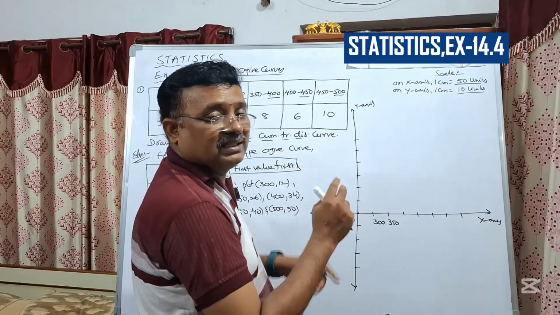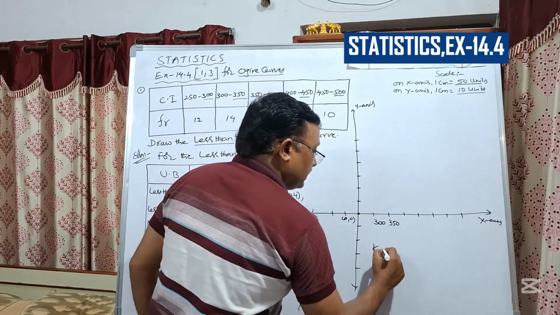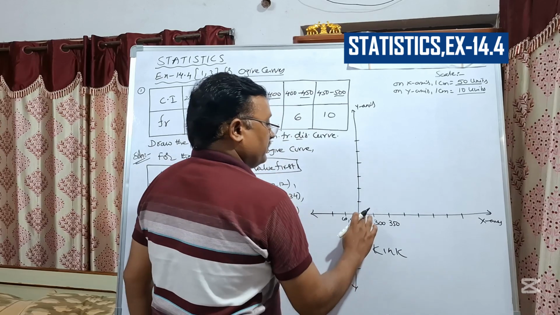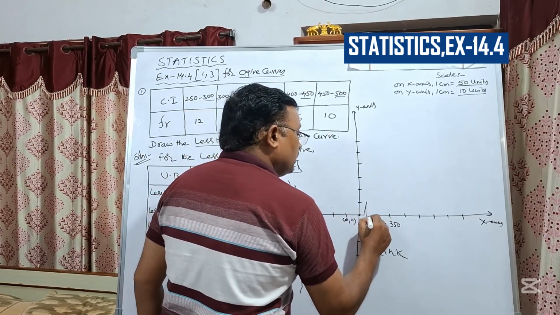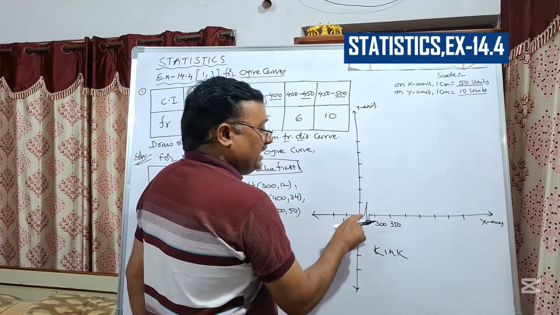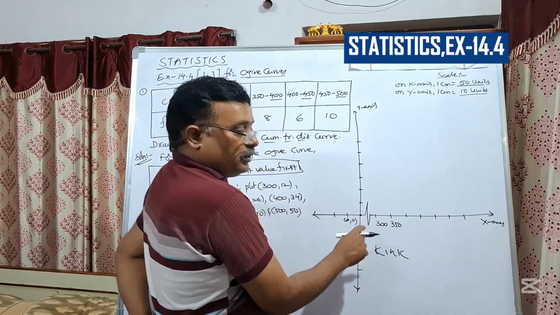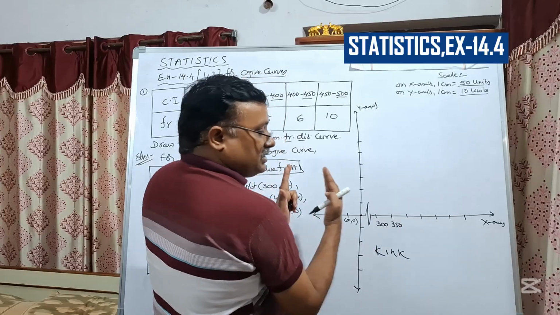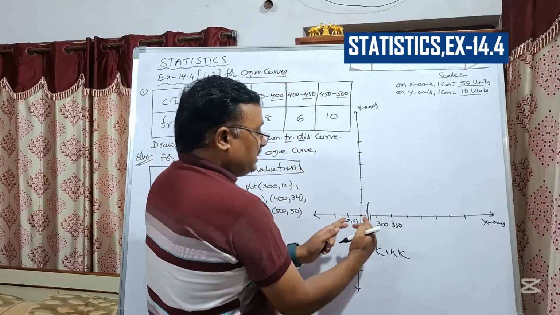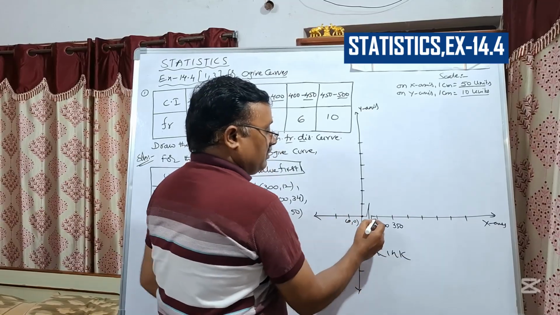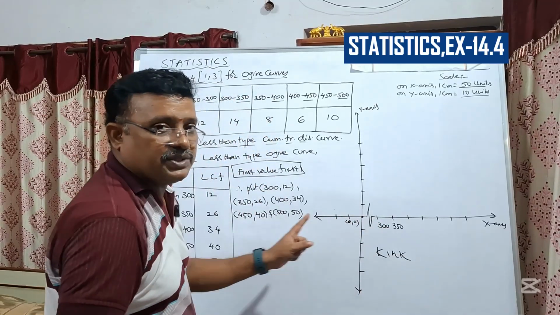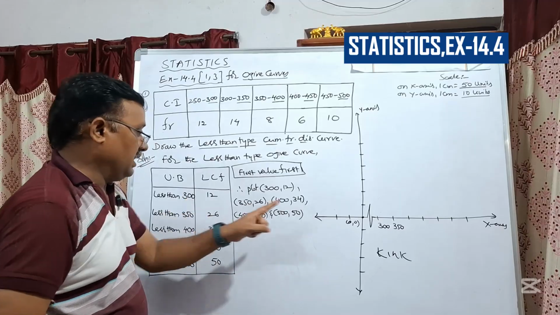Cut and link is called a kink. Whatever unnecessary values are there are cut and linked, so that part is merged. After the origin, using the kink, we have taken our required first upper boundary, 300.